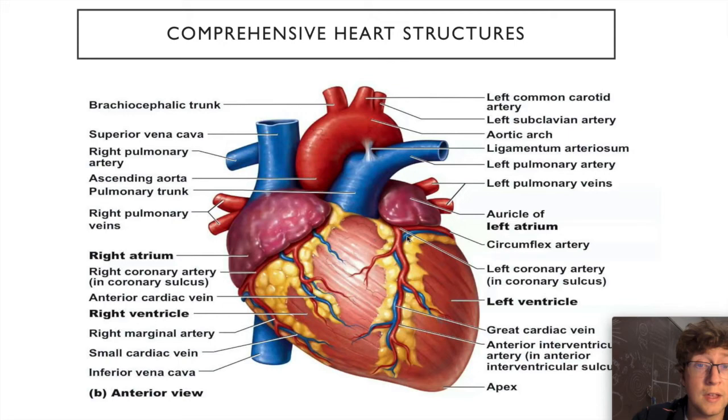Then if we look at the aorta, immediately as the aorta comes up, it's going to become an arch. It will branch because most of the blood it needs to send will be inferior to the heart. But there are these three major blood vessels coming off the aorta at the top of the arch.